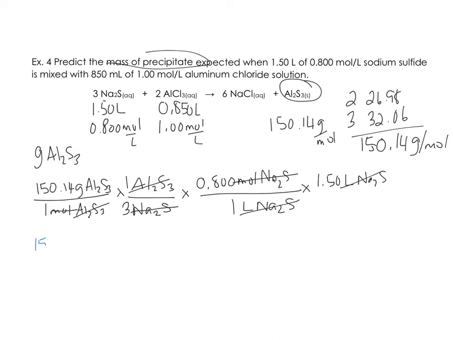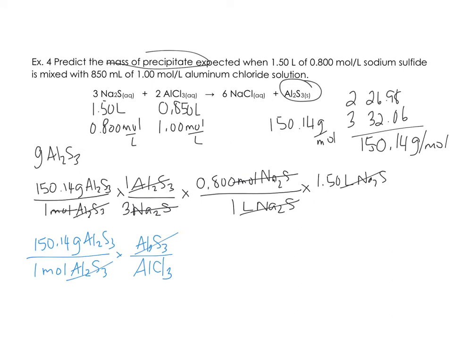And we are going to repeat this process with aluminum chloride. So 150.14 grams per 1 mole. Mole ratio, want to get rid of aluminum sulfide, so it goes on top. Aluminum chloride goes on the bottom. Now we want to get rid of moles of aluminum chloride.